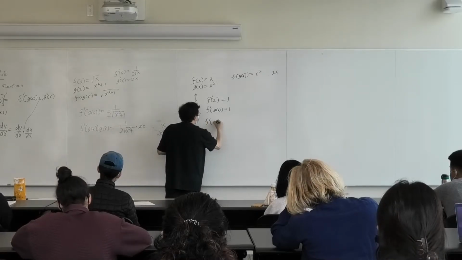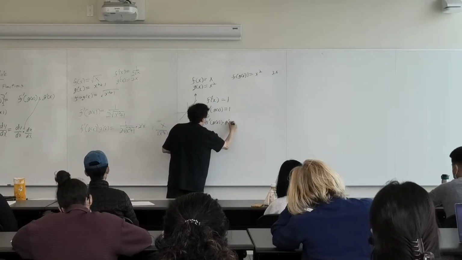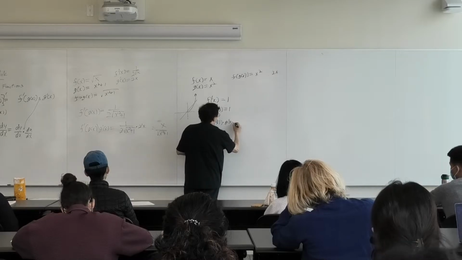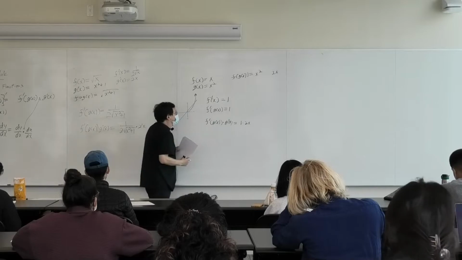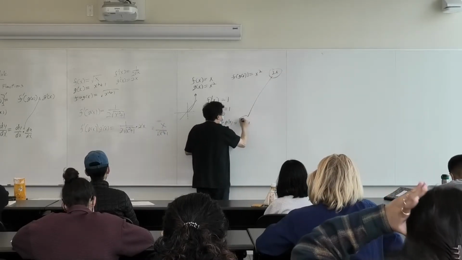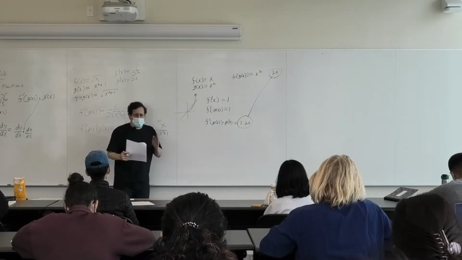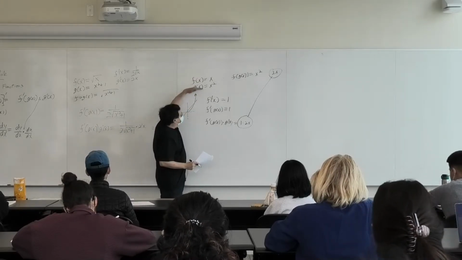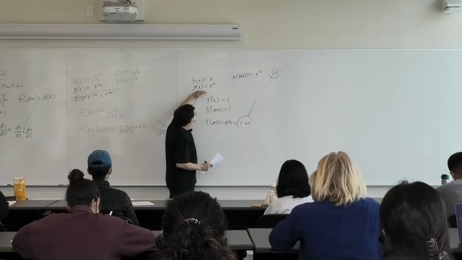F prime of g of x times g prime of x, well, we know the derivative of g of x is just 2x, so it's just 1 times 2x. So it turns out in this trivial case, of course, it works. You're merely multiplying the derivative of f at the function times the derivative of the second function.